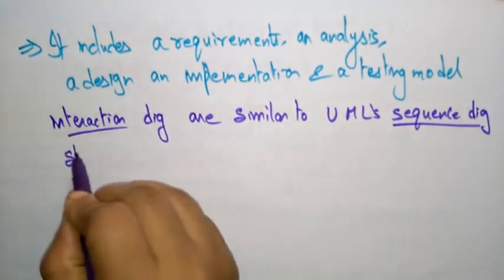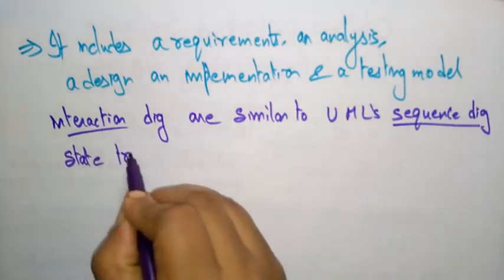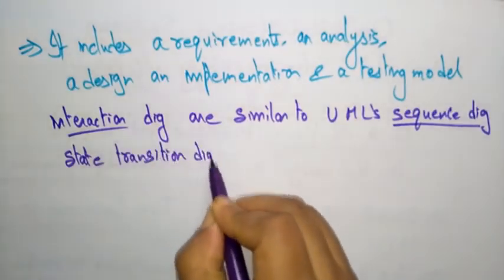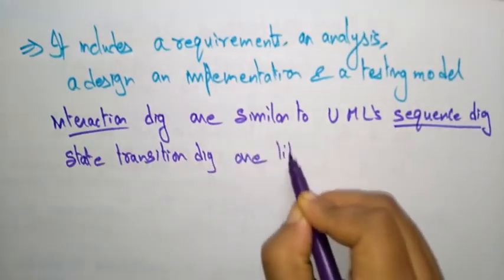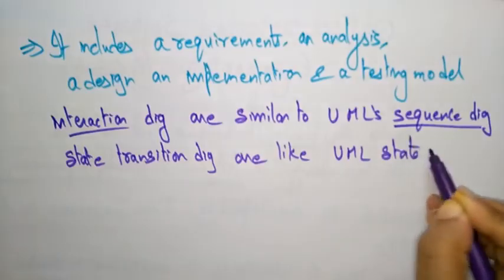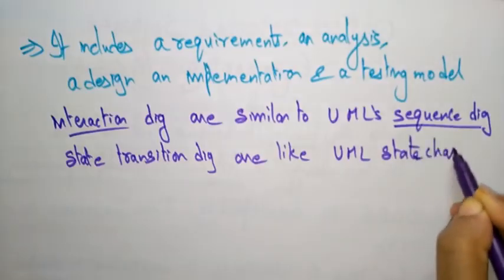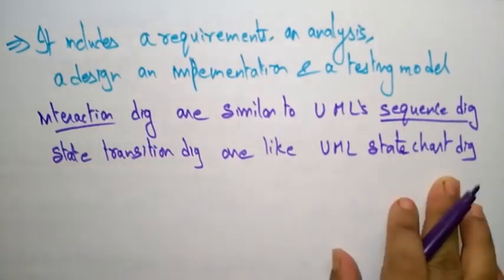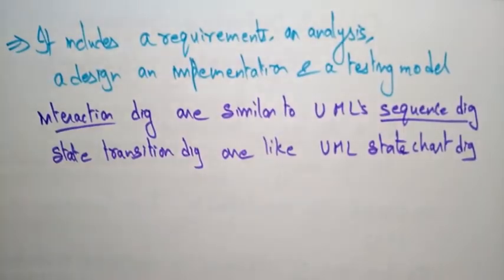And the state chart, the state transition diagram, is like the UML state chart diagram. The transition diagram is the same as the state chart diagram.